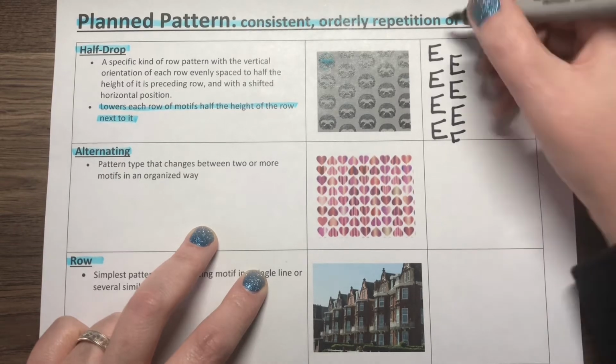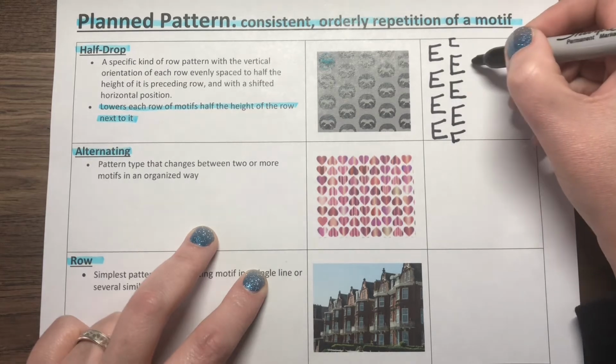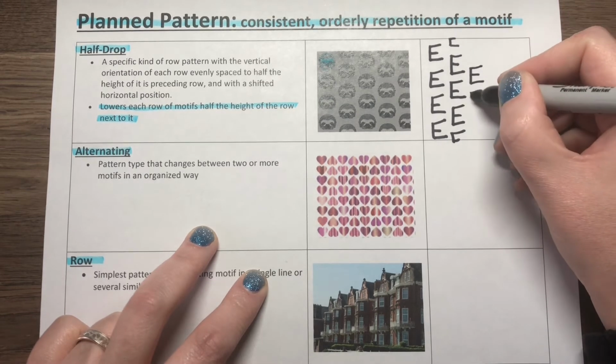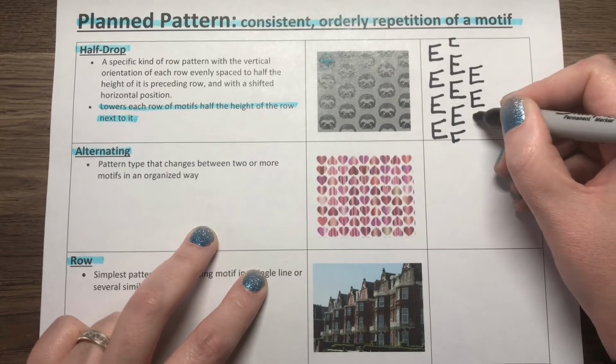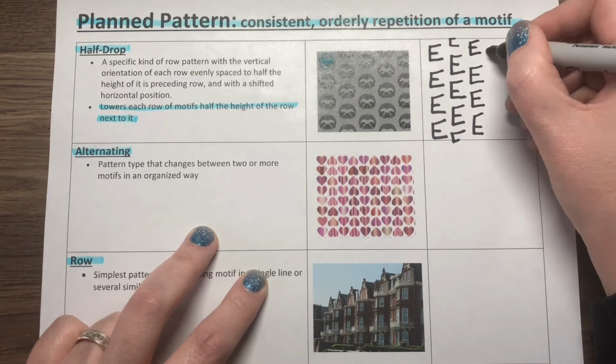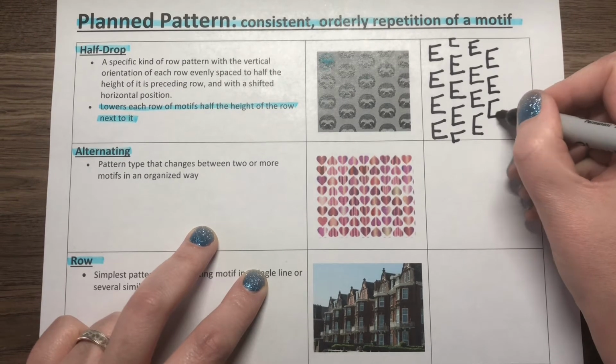So I would see half on that row, right? And now I'm going to move it over and drop it down again. So really each row is the same; it's just the placement that is slightly different, right?